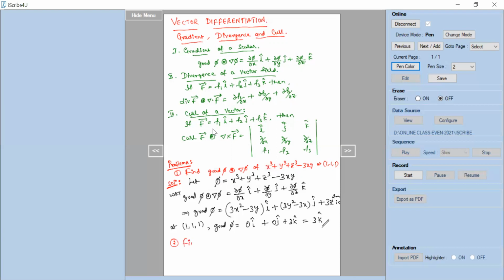Find curl of curl A, given vector A equals xy i cap plus y square z j cap plus z square y k cap. So this is the problem here.